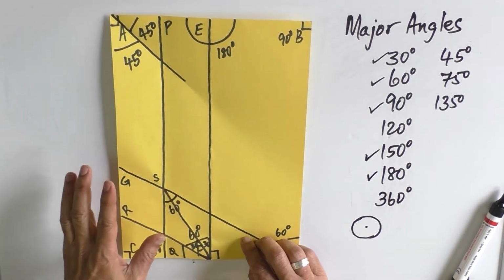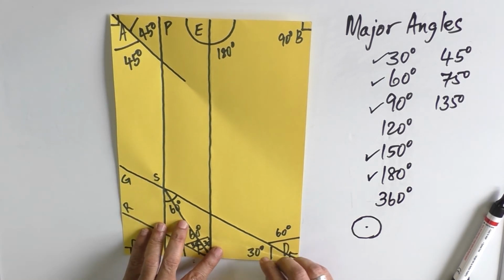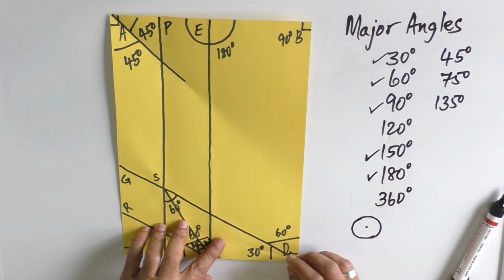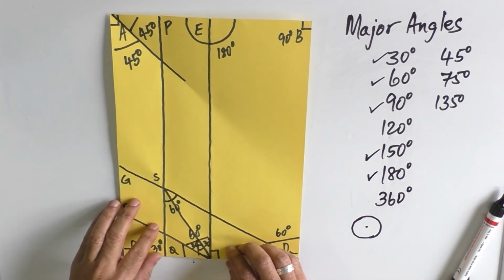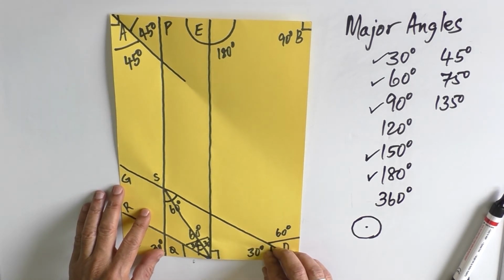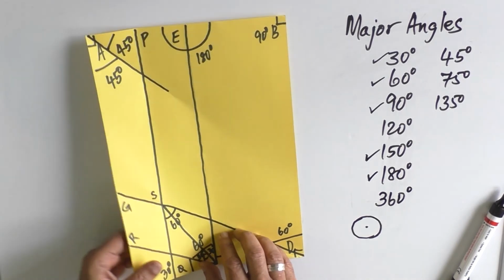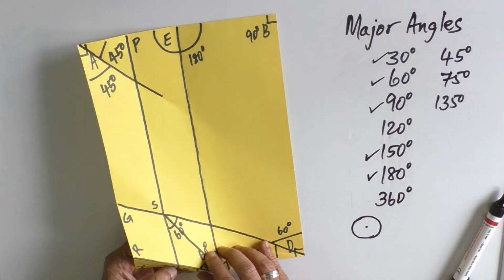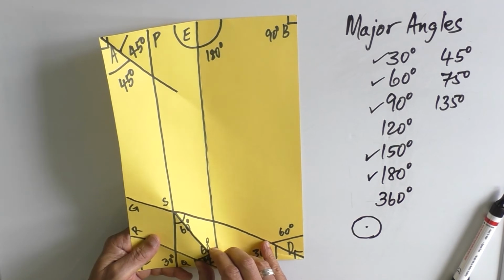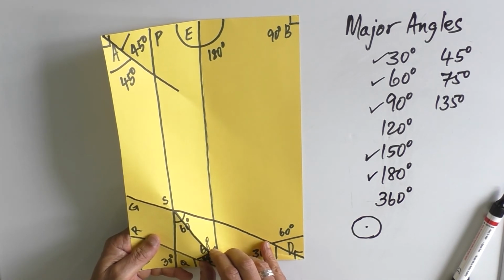So the other angles, for example, suppose you ask the child to show 140 degrees, the child will be able to measure the 150 degrees. What is 150 degrees? This is 120 degrees and then 150 degrees. So in between the difference is 30 degrees.